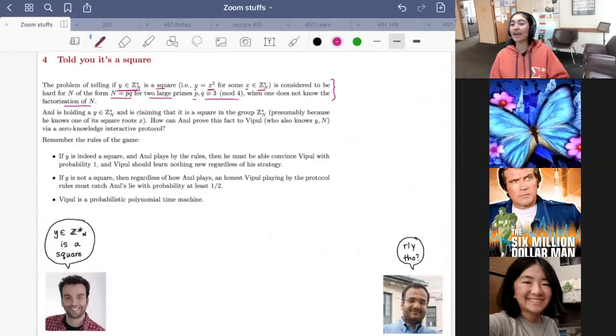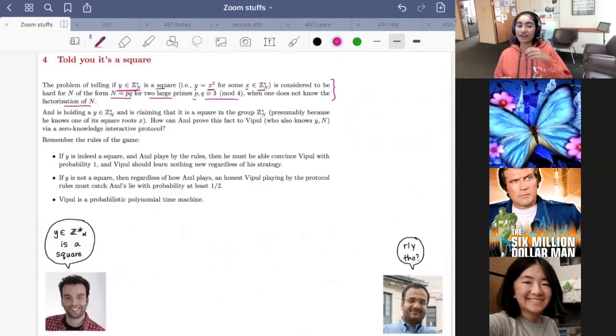If he's lying and y isn't a square, then with probability at least 1/2, Vipul should be able to catch his lie. And remember, this is useful because we can always boost this up to however much we want. So as long as we can get the probability at least 1/2, we're pretty good. Some first ideas we should notice right off the bat are that because we can't share x itself, we do have to send over some information to Vipul so he can check that Ada isn't lying.